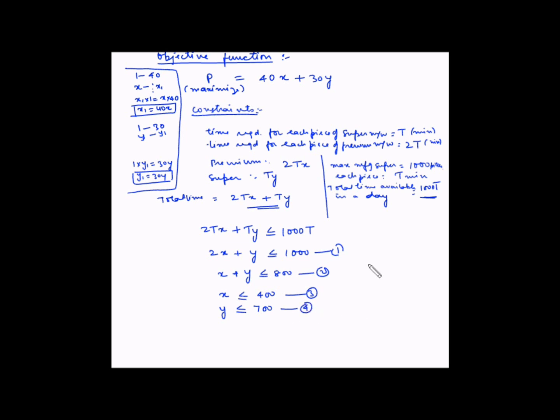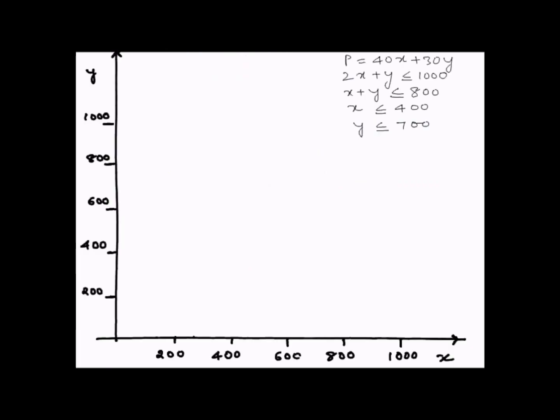So let us now see how we can solve this linear programming model using the graphical method. In order to plot the graph for these equations, let us assume that the horizontal axis, which is the x-axis, represents the quantity of the premium microwave, and the vertical axis, which is the y-axis, represents the quantity of the super microwaves.